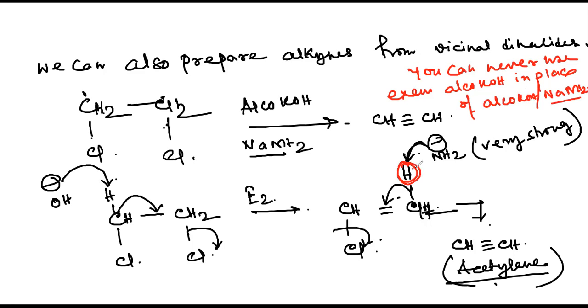This is a very strong base. That's why it can extract the hydrogen from here, but alcoholic KOH is unable to remove the hydrogen from here. So from the vicinal dihalides, you should always use alcoholic KOH followed by sodamide. So these are the general preparations of our alkynes.